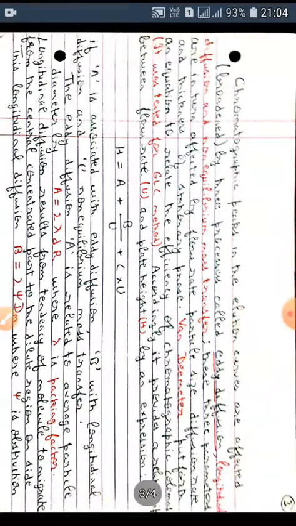In HPLC, narrow columns with internal diameters of 2 to 8 millimeters are employed, and packing particles of 10 to 50 micrometer size are used. There is high inlet pressure, and the flow rate is increased to 0.1 to 5 cm per second.